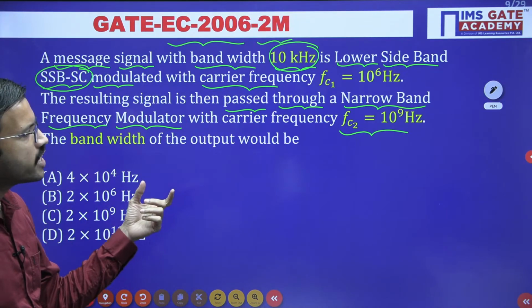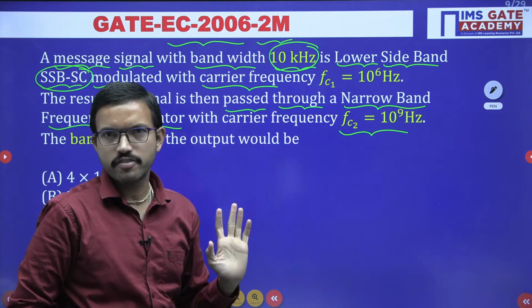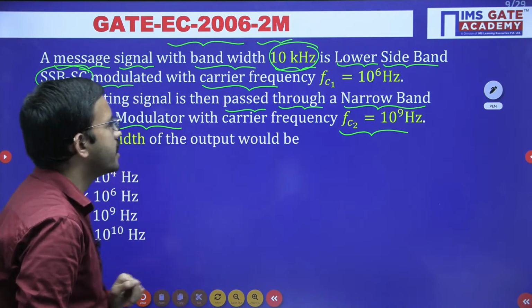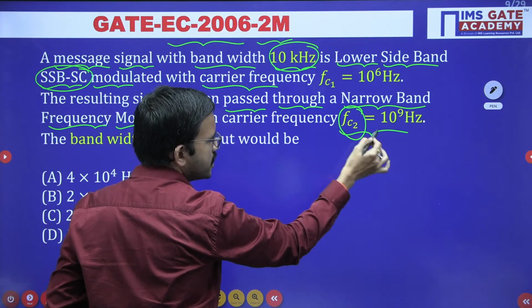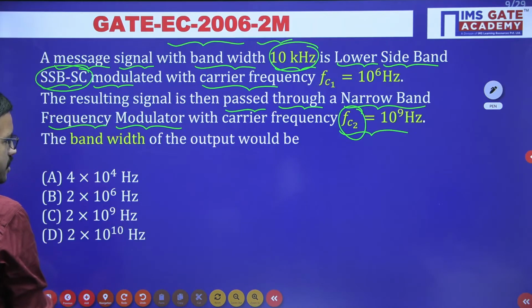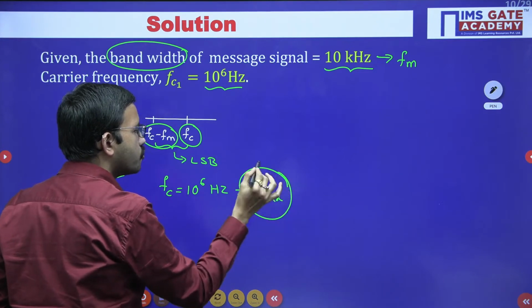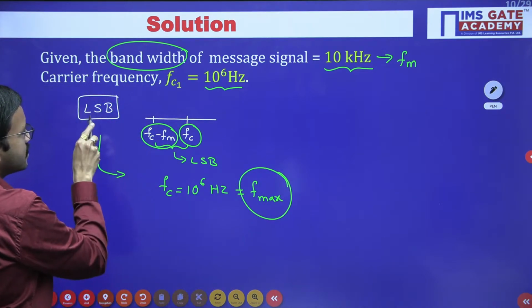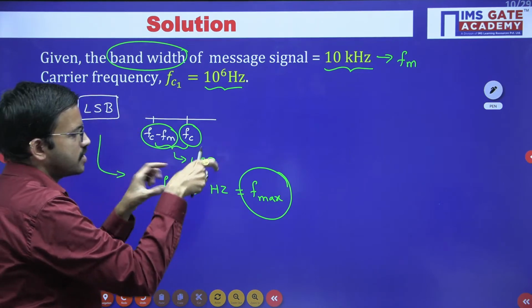That means whatever bandwidth you get in AM, a similar bandwidth you get in narrowband FM. But here the carrier frequency is FC2, and the message signal maximum frequency is this one. For the narrowband FM, the LSB obtained from the SSB-SC modulation is the input signal.